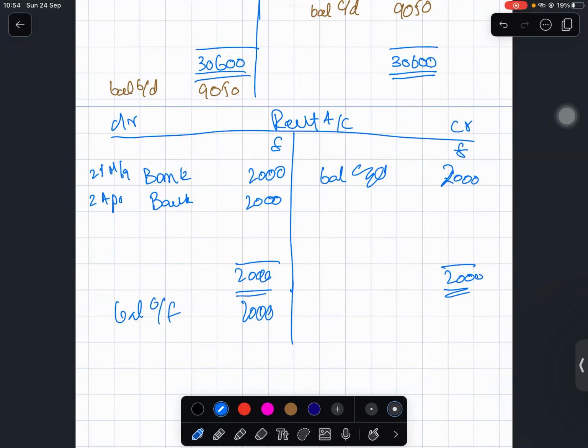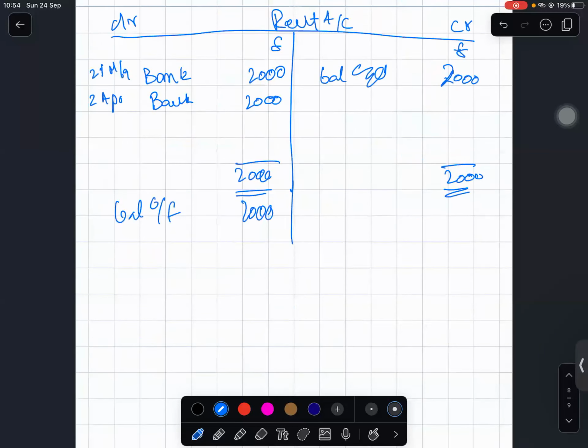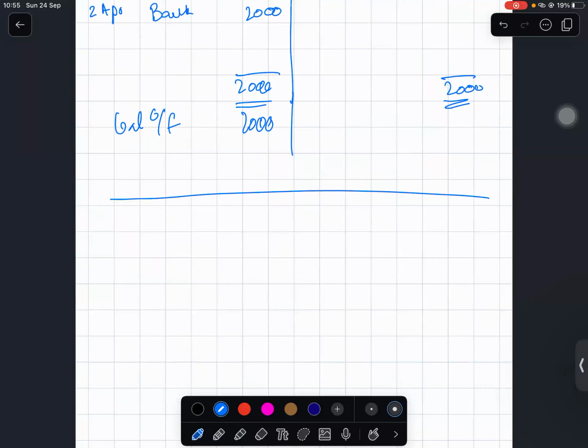So once this is paid, we don't have any other transaction, so then we just close the rent account. After that, we have the purchases account. We open this up. Purchases, credit side, debit side, pound sign, pound sign.